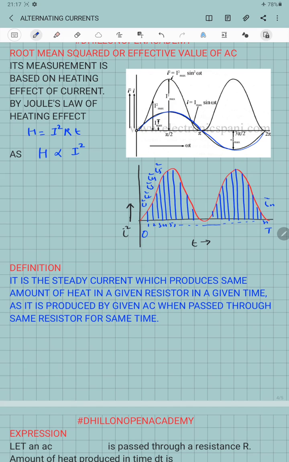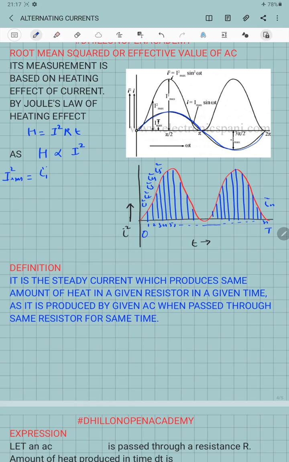If we find the average value of all these, it will be called the effective value or RMS value of the current, and we can write it as I squared RMS. We are finding the average of the squared currents, so that's why we write I squared RMS.